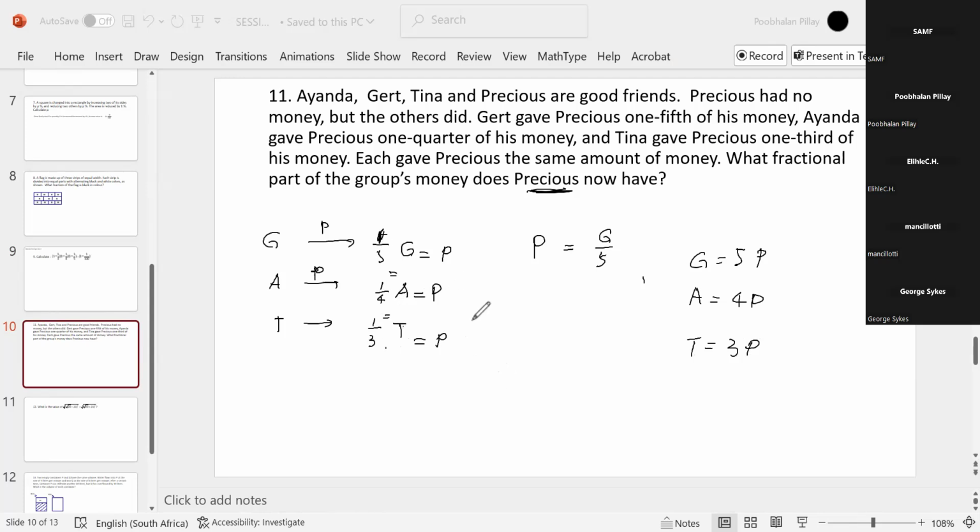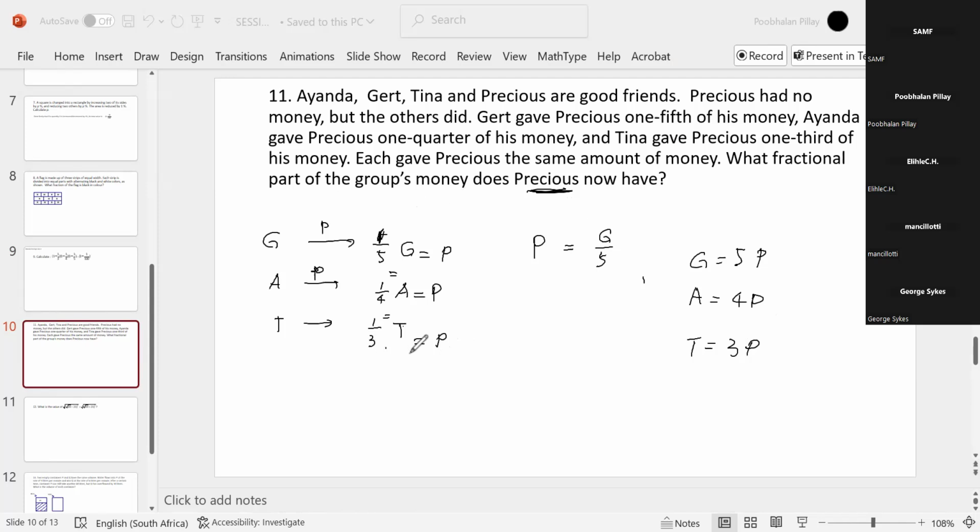So you've got 3 equations here, but they are very simple equations. In each case, you can get rid of the fractions. I don't like working with fractions, so I multiplied by 5. Otherwise, just common sense says that if P is 1/5 of G's money, G has to be 5 times P's money. So now you have this situation. What fraction of the group's money does Precious now have?